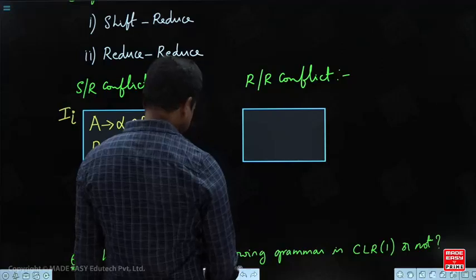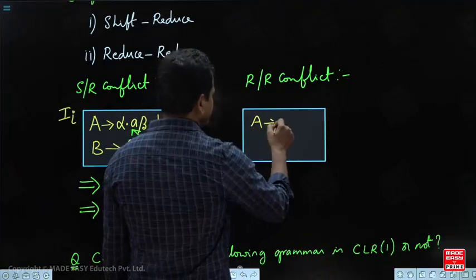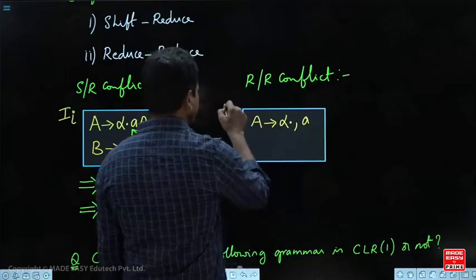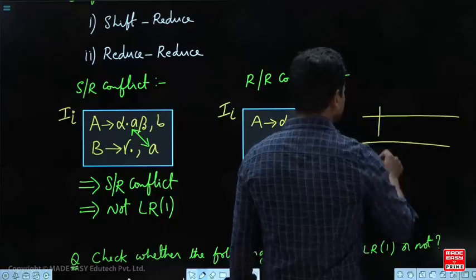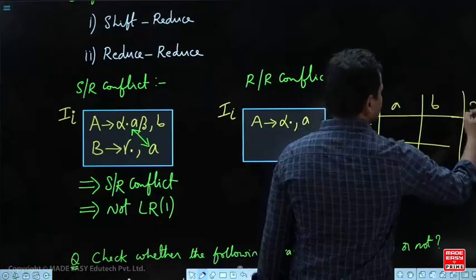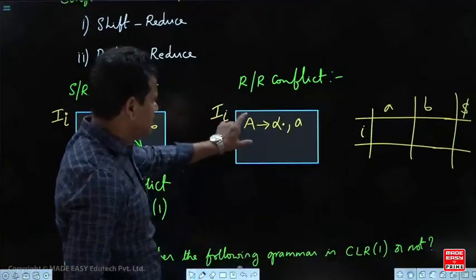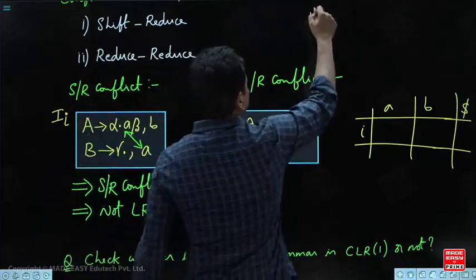Okay, look at this. Suppose there is a production in which the dot has reached the end, and if its look ahead is A, then for this production how will you enter? Ith row. Suppose A, B, dollar are the columns. As it is the final item, we will write the reduce. Suppose its number is 1.